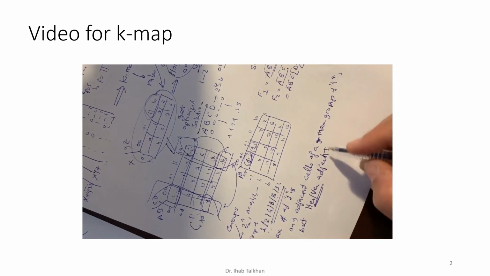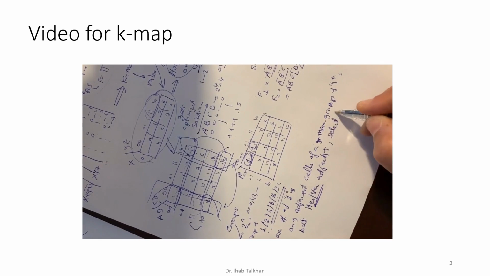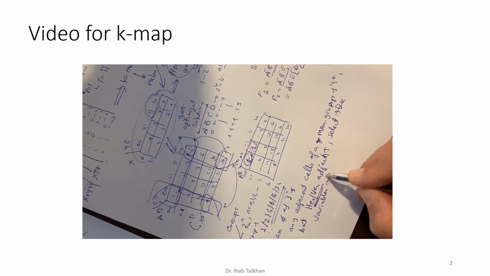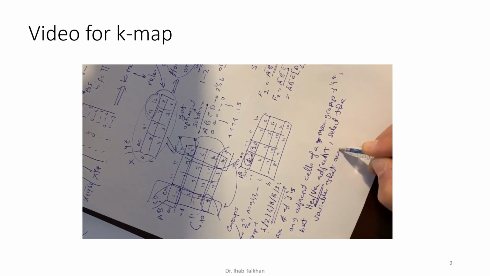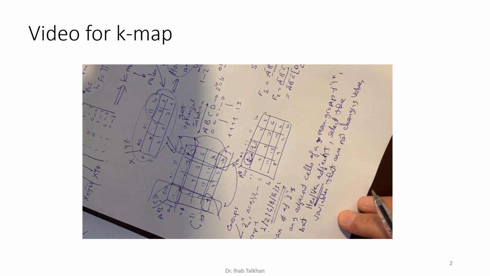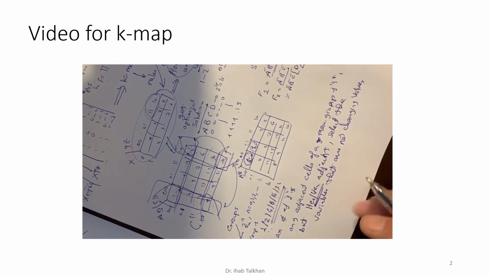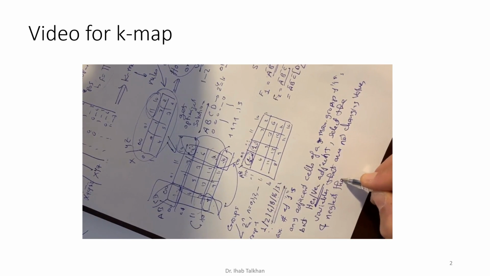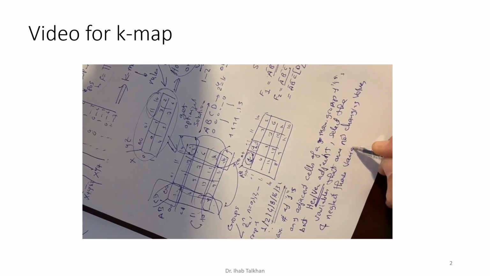And select. You have to select the variables that are not changing values. You have to select only these variables that are not changing values, and neglect those variables that are changing values.